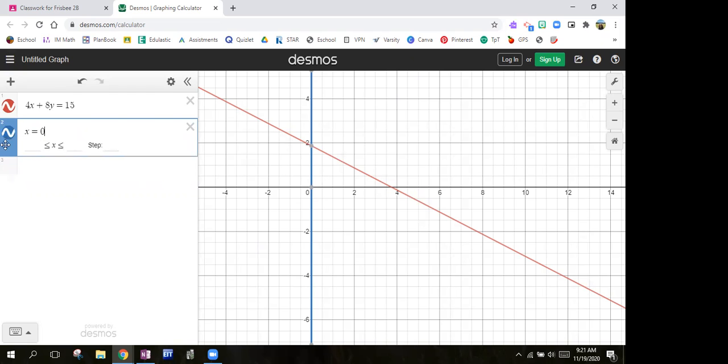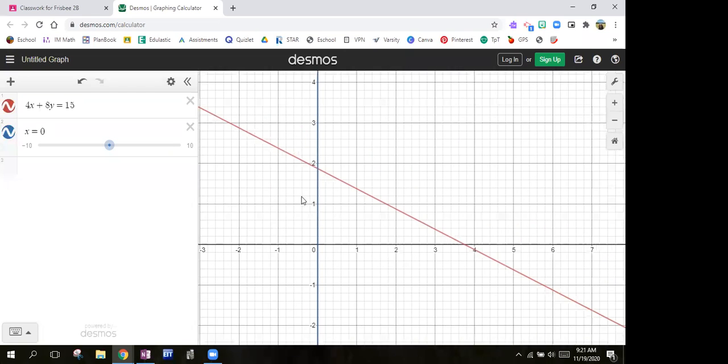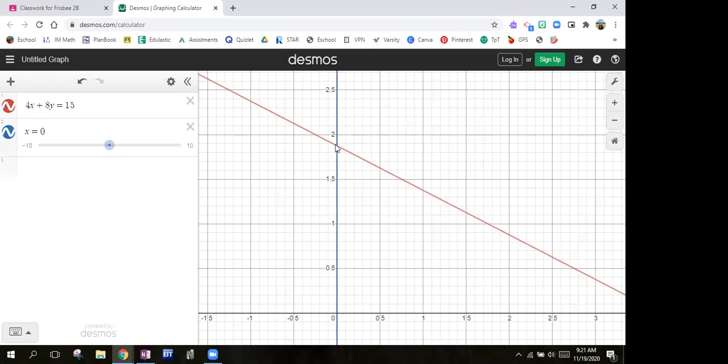All right, and we'll notice this line is blue. So if I know that every single value that ends up on this red line is a solution, then I'm going to try to find where those two lines intersect. I'm going to zoom in. I'm going to see where that blue line crosses through my red line.